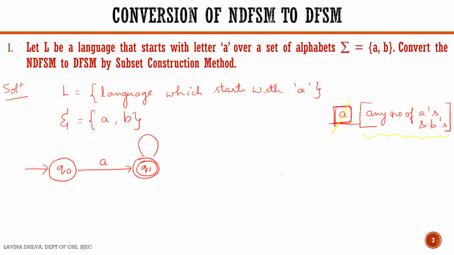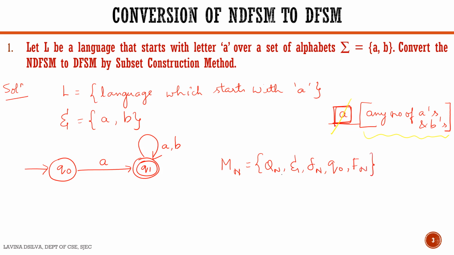Therefore, in Q1 state we can give any number of A's and B's. So Mn, that is our NDFSM, is defined as Qn, sigma, delta n, Q0 as the start state, and Fn.